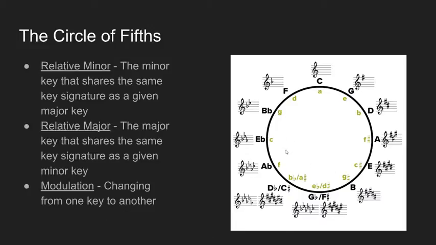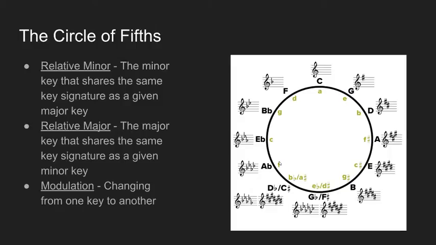So if we are here in A flat major, here in the circle we have F minor. If you want to check this in your head, if I was in A flat major and I go up to scale degree 6, I would get to F.